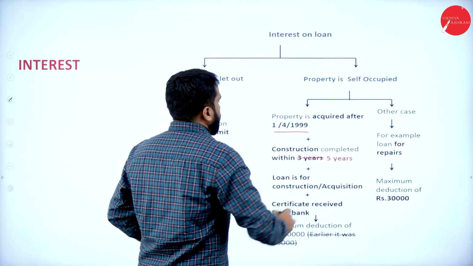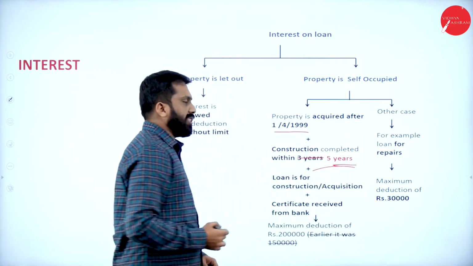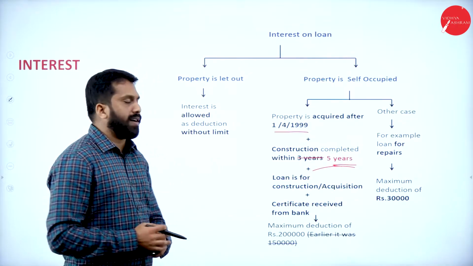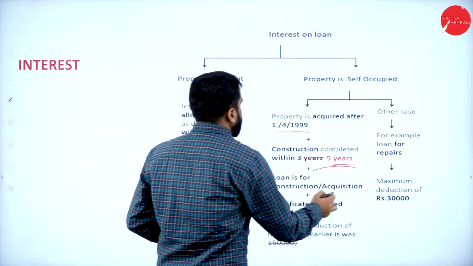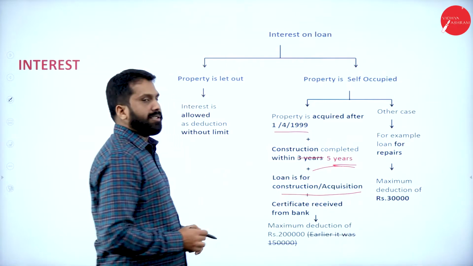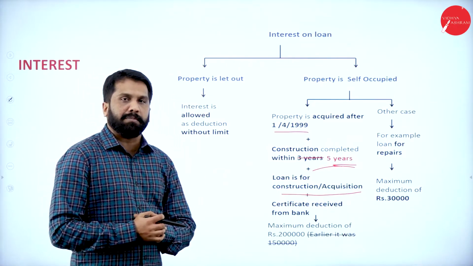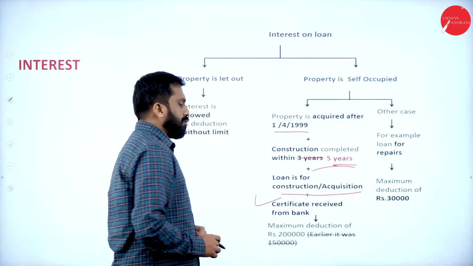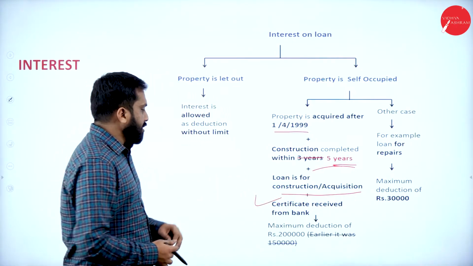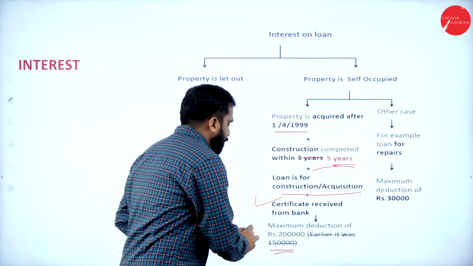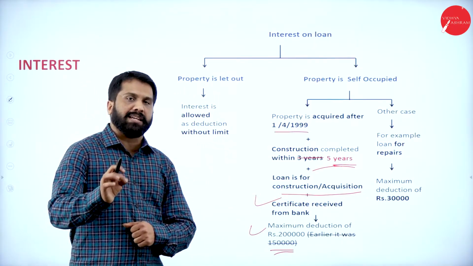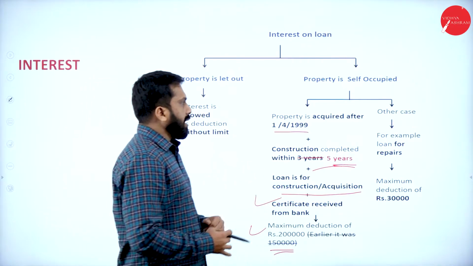Then construction must be completed within 5 years. Earlier it was 2 years, now it is 5 years. Then the loan is for construction or acquisition; both should be considered, both can be claimed. Then a certificate must be received from the bank. Then what is the limit? Earlier it was 1 lakh 50, now it is up to 2 lakh you can claim. Any doubt? No. Come to the next one.